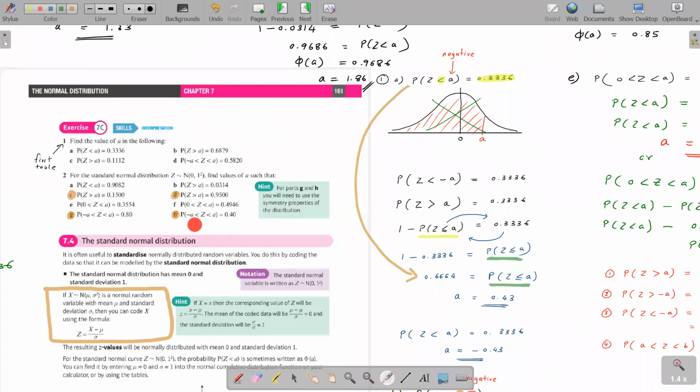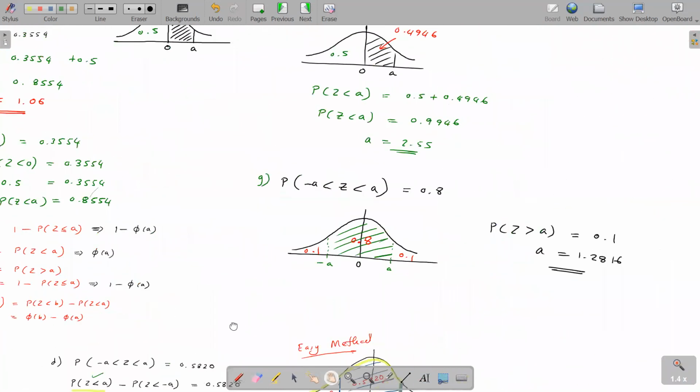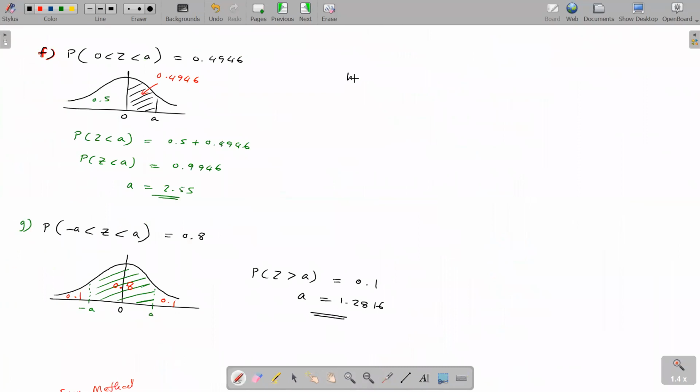And then the last part, probability Z is greater than minus A and smaller than plus A is 0.4. So let's make the decision. Again, let's draw the normal distribution.